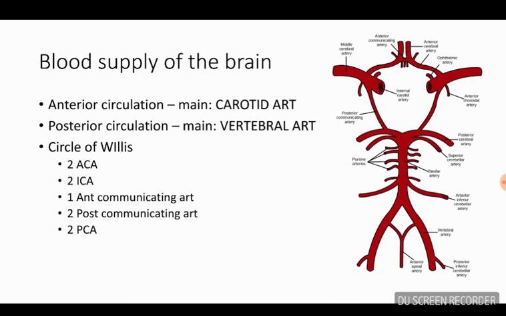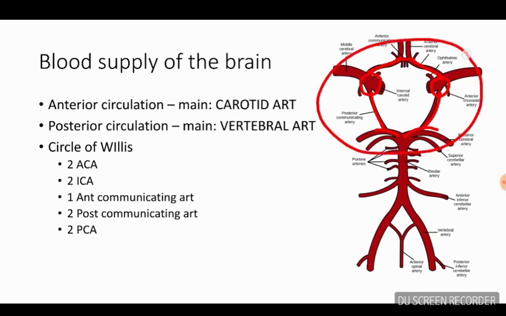The circle of Willis involves one anterior communicating artery, two anterior cerebral artery, two internal carotid artery, two posterior communicating artery, and two posterior cerebral artery.